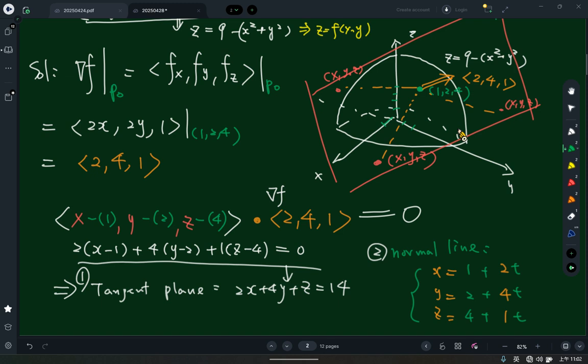So you can use the start point and its normal vector to construct a normal line, just like this one.